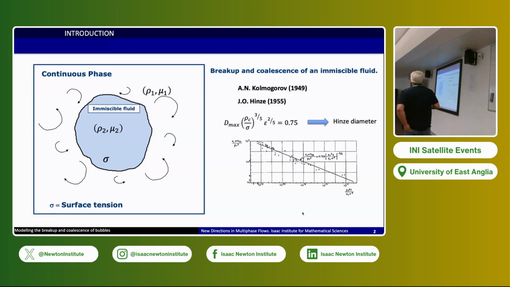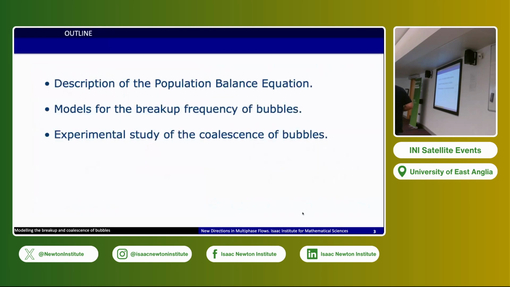They provided a maximum bubble diameter, a stable bubble diameter that was able to remain unbroken in a turbulent flow. This maximum bubble diameter is usually called the Hinze diameter, and it's the diameter such that the confining stresses due to surface tension are of the same order as the turbulent stresses acting on the surface, right? But the important thing here is to be able to describe the time evolution of the population of bubbles that is formed there, right? And this is what we try.